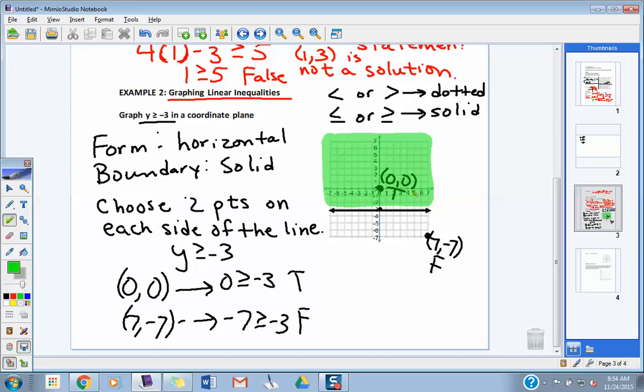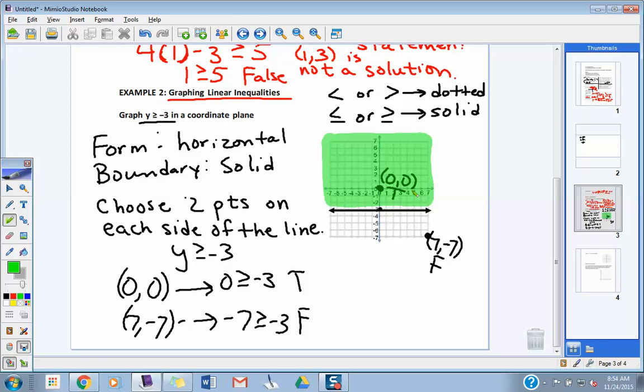Okay? If you ever have a y and then the sign is pointing away from it, then you will always go above or right, however you look at that. So that's kind of the cheater way right there.